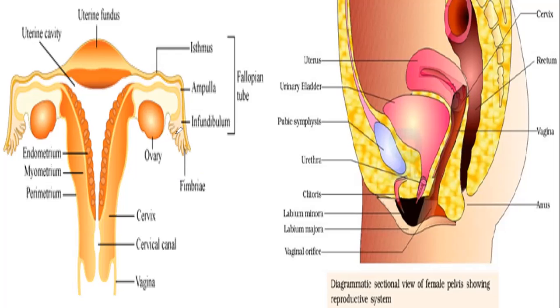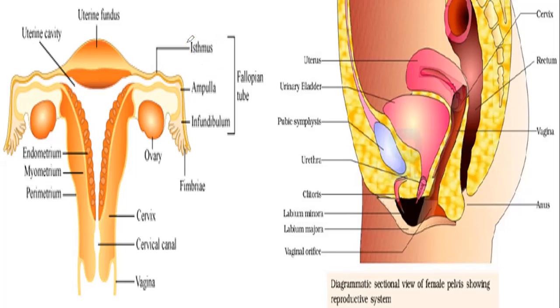The infundibulum leads into a wider part of the oviduct that is called the ampulla, and the last part of the oviduct is called the isthmus. So the fallopian tube is divided into infundibulum, then ampulla, then isthmus.